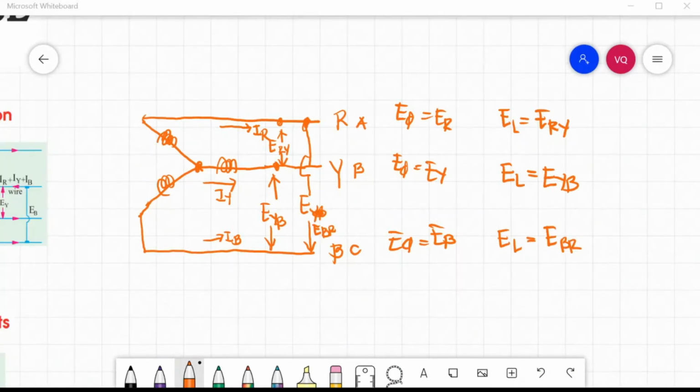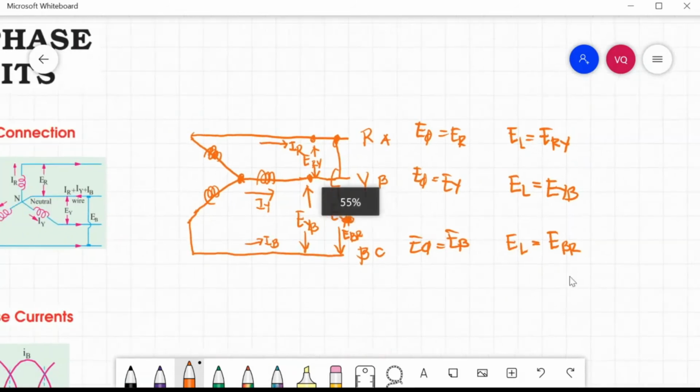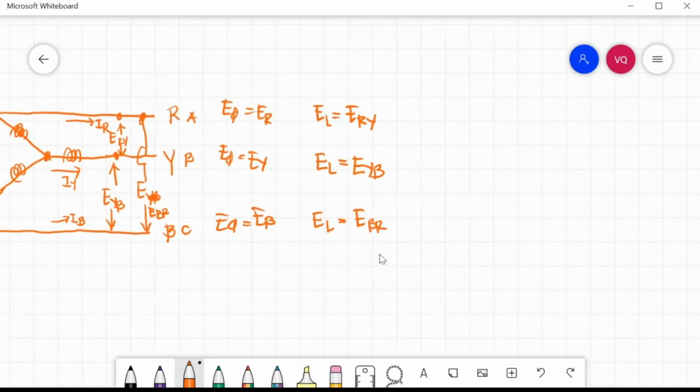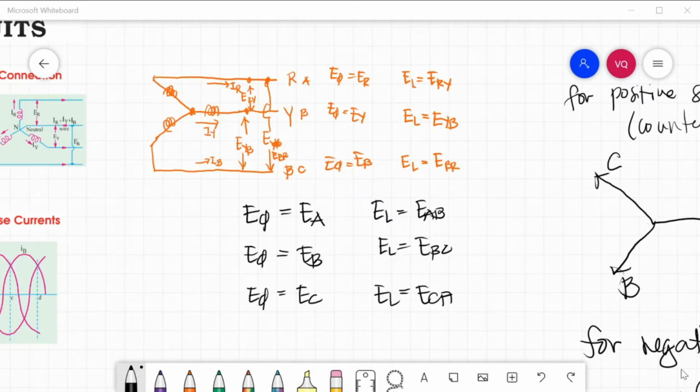So if we are going to draw its vector diagram, for the sake of our discussion, instead of using RYB, we will use ABC. Okay? For phases, voltage phases EA, EB, and EC. Line voltages EAB, EBC, and ECA.